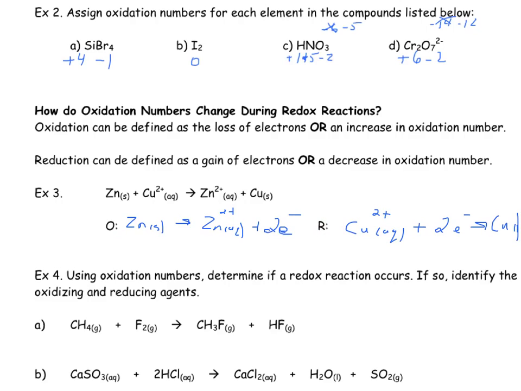Let's write oxidation numbers for each of these compounds in the half reactions. Because zinc is an element, it would have an oxidation number of 0. And because the zinc 2 plus is an ion, it has an oxidation number equal to its charge. Therefore, this is an oxidation because the oxidation number of the zinc increased by 2.